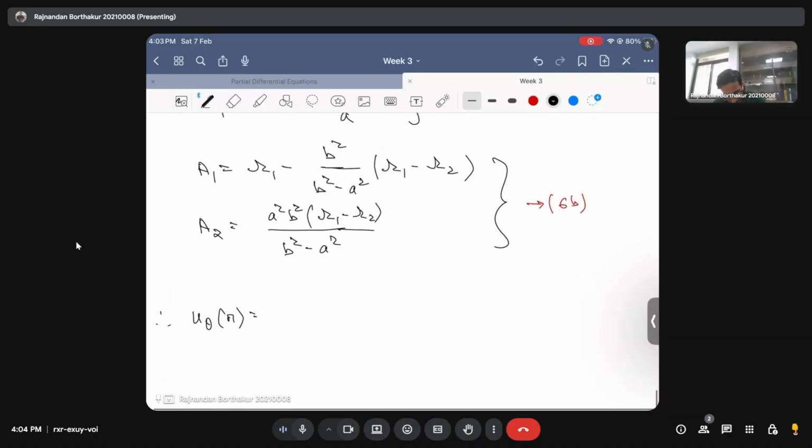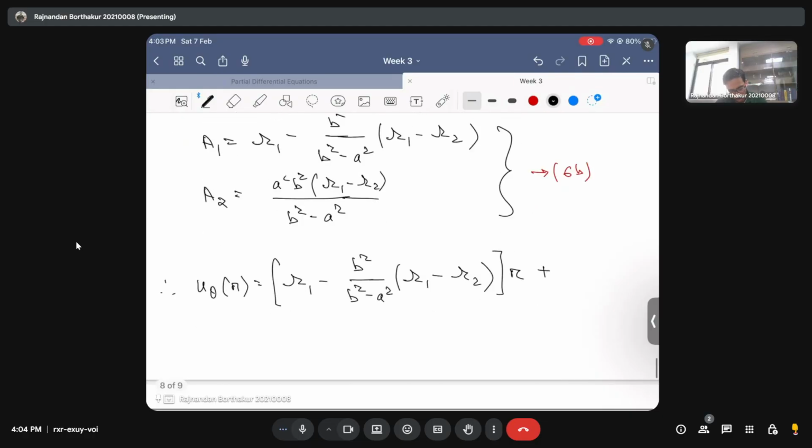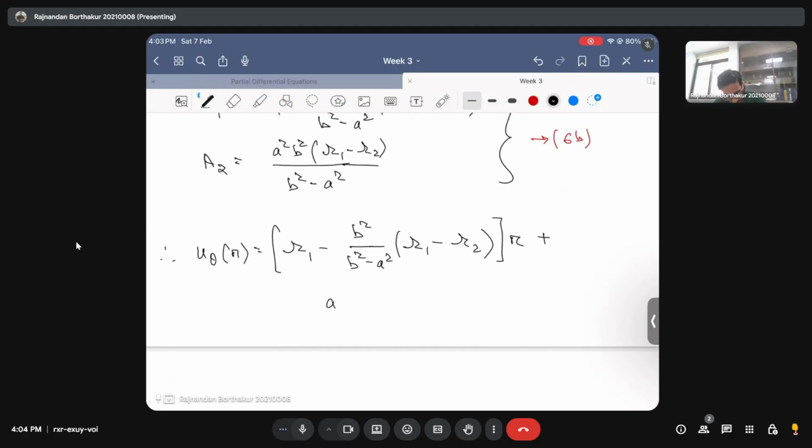This becomes omega 1 minus b squared by b squared minus a squared times omega 1 minus omega 2, multiplied with r, plus a squared b squared times omega 1 minus omega 2 by r times b squared minus a squared.